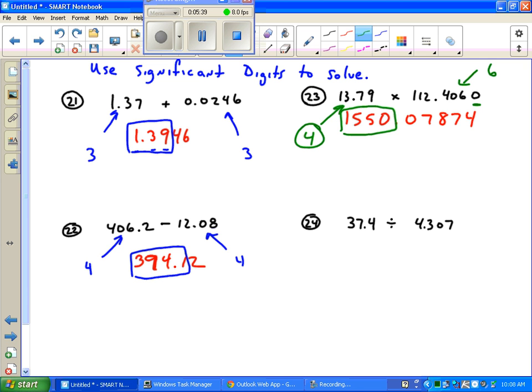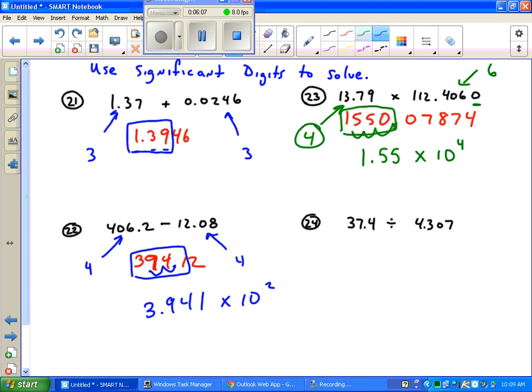Written in scientific notation would be 1.55 times 10 to the fourth. For this one back here, 3.941 times 10 to the second power. All that was moving that decimal to make it between 1 and 10, and here moving it 2 times to make it between 1 and 10.